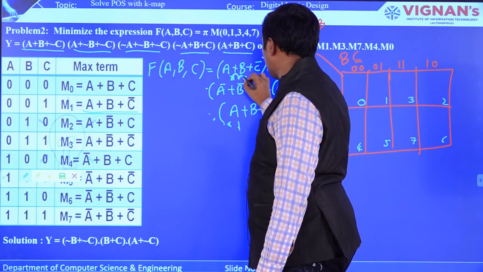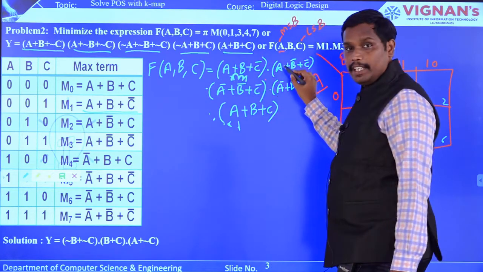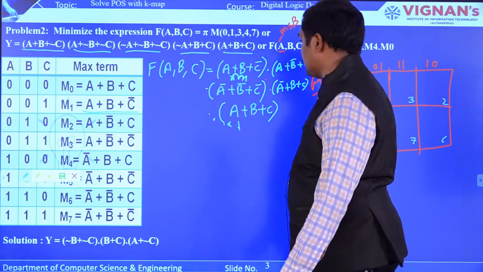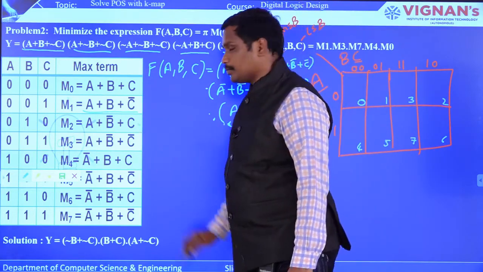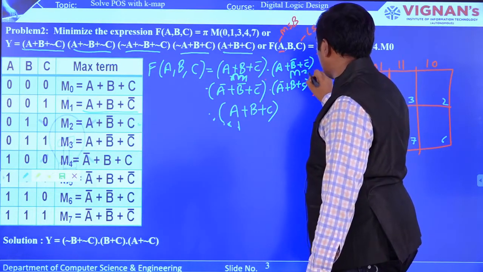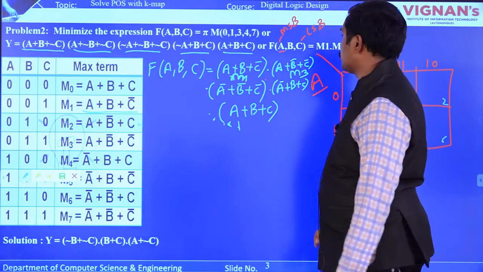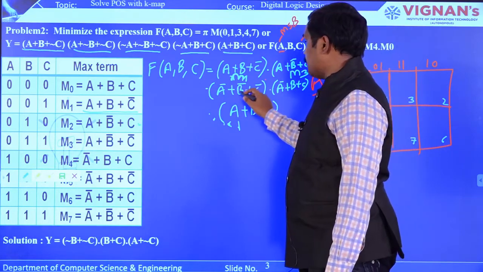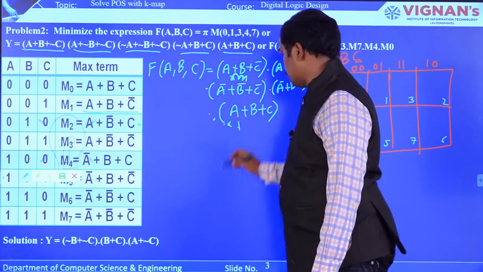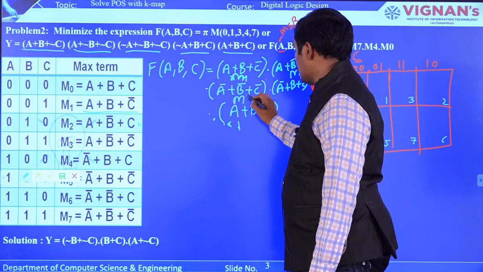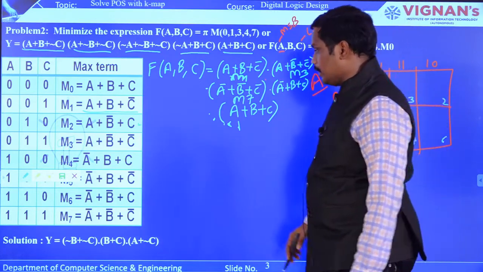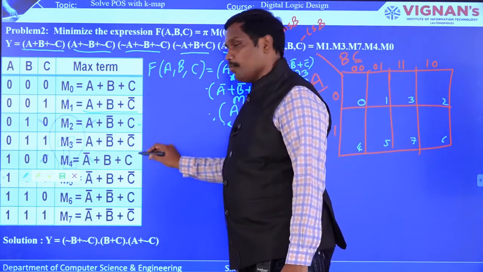And what about this term A plus B bar plus C? You can see that A plus B bar plus C, which is the third term, okay. So this is M3, and now A bar plus B bar plus C bar, which is the last term, that is M7, and then A bar plus B plus C is M4.